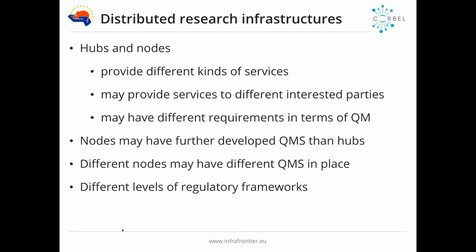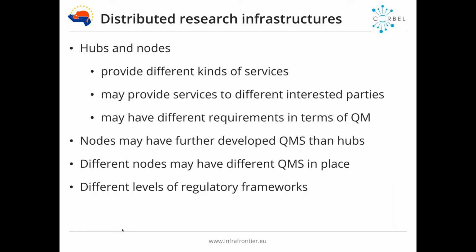If you think about the users of your research infrastructure, the hub may very often provide services to the national nodes rather than directly to the users. In other cases, it may also provide direct services to the users.